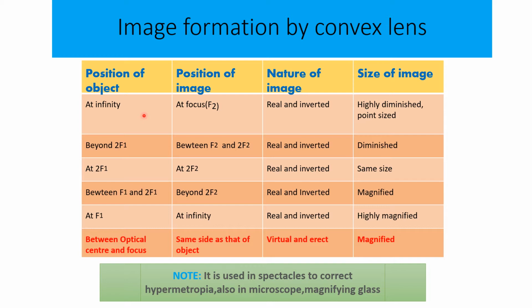Therefore, I've written F2. Since the light rays actually meet, the image formed is going to be real and inverted. Now, the object was very, very far from the lens, so the image would be very, very small. So we say that it is highly diminished, nearly equal to point size.